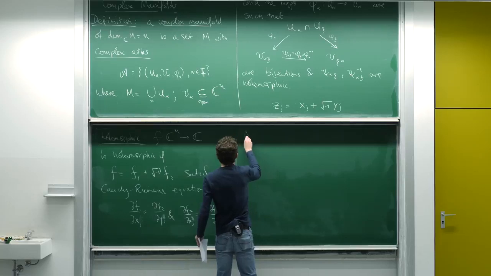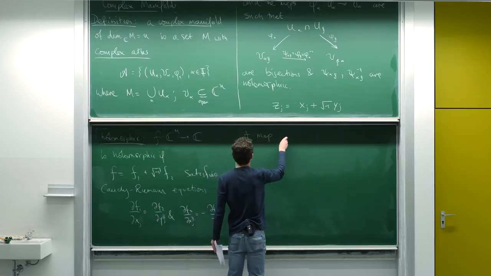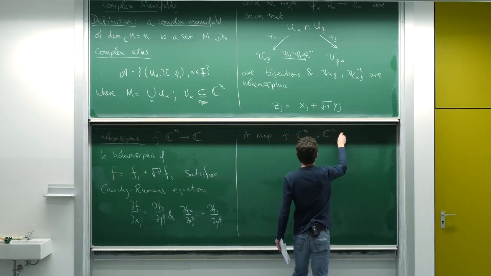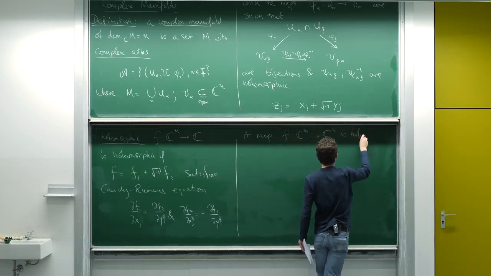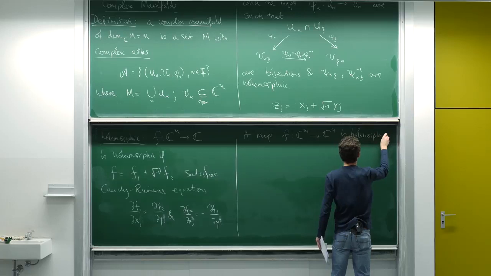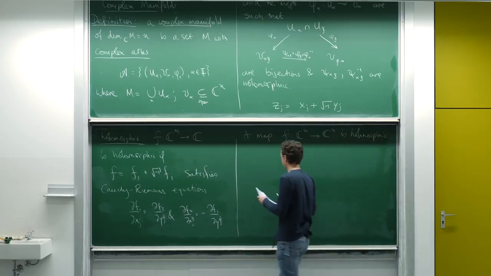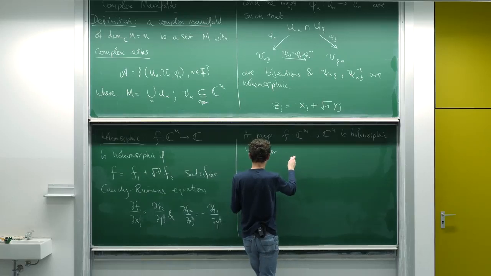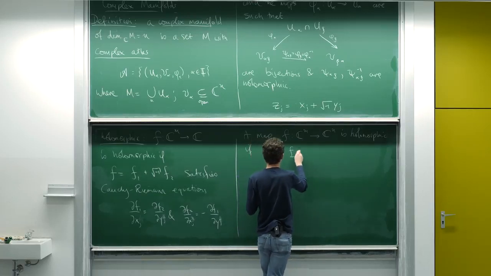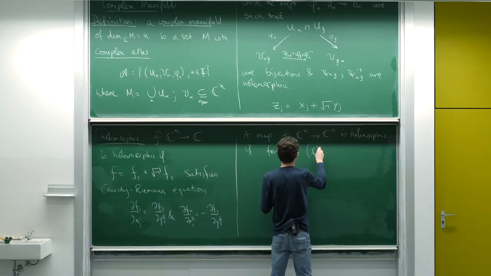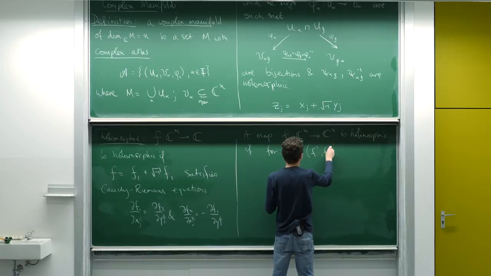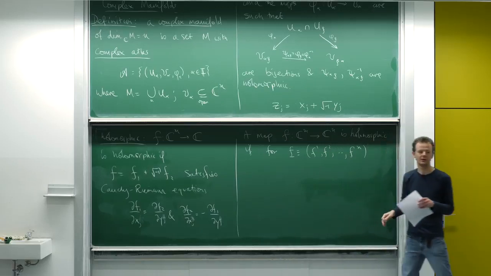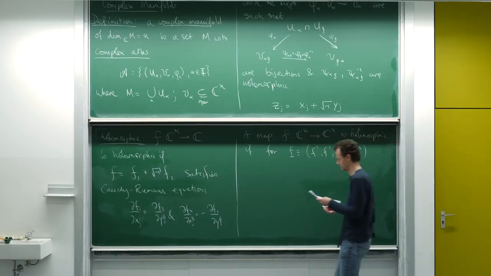And then if you have a many variable map, well, you just write out the vector of these functions and you ensure that each component function is holomorphic.